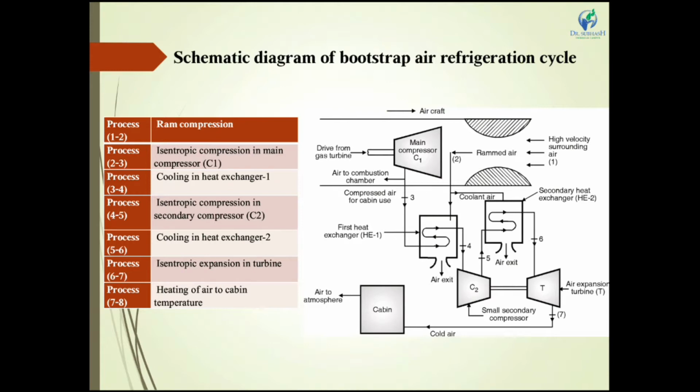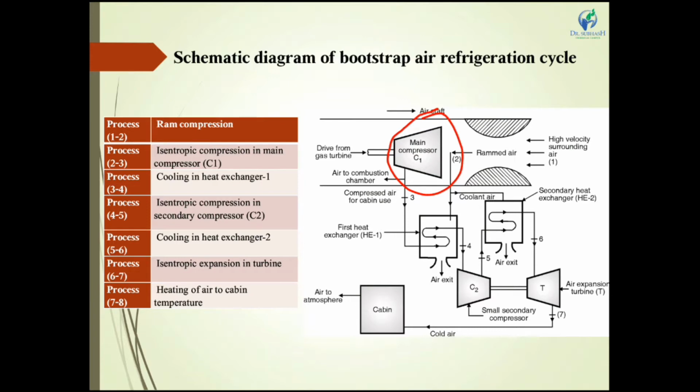This cycle is without evaporative cooling. We discussed the simple air refrigeration system in our past video. Here is a bootstrap air refrigeration system. Both cycles are different. In an air refrigeration system, only one compressor is used.